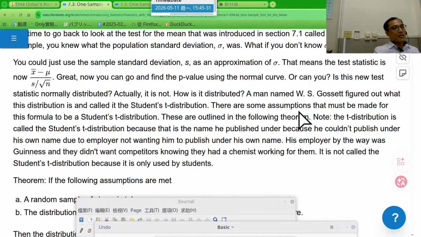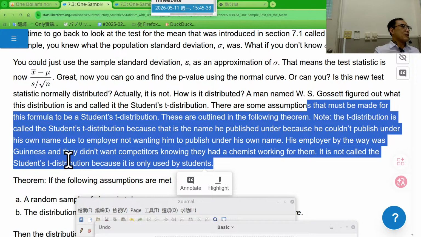There are some assumptions that must be made for this formula to follow a Student t distribution. They are outlined in the following theorem. Note, the t distribution is called the Student t distribution because of the name he published under, since his employer did not want him to publish under his own name.